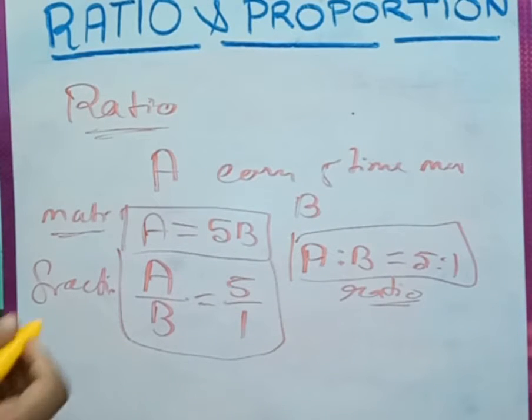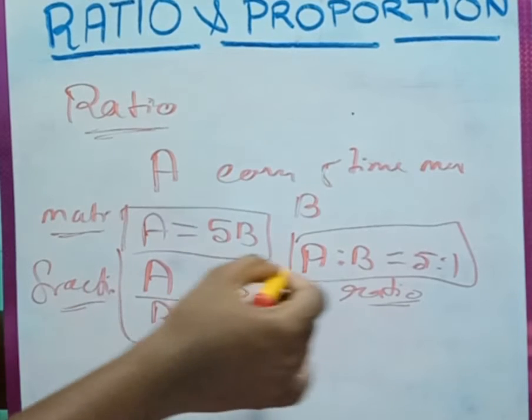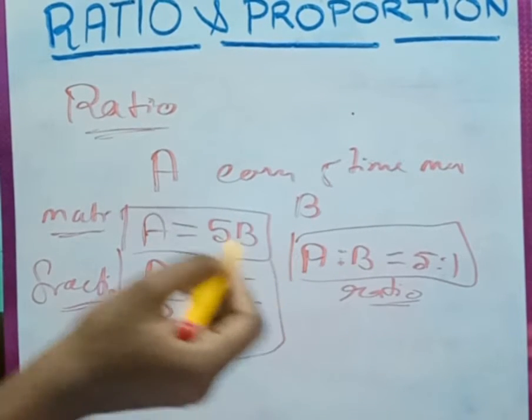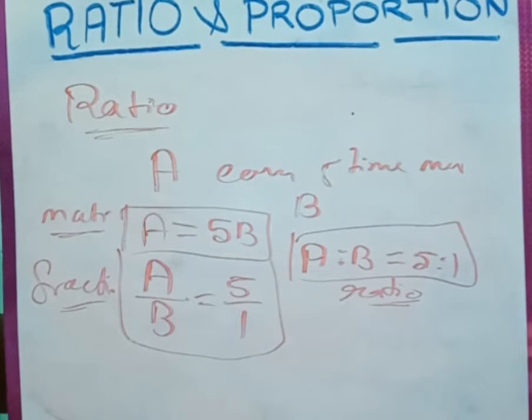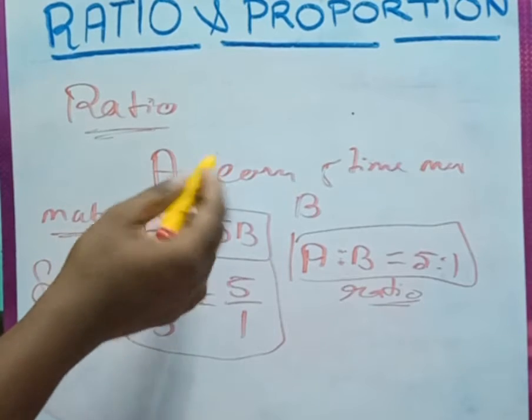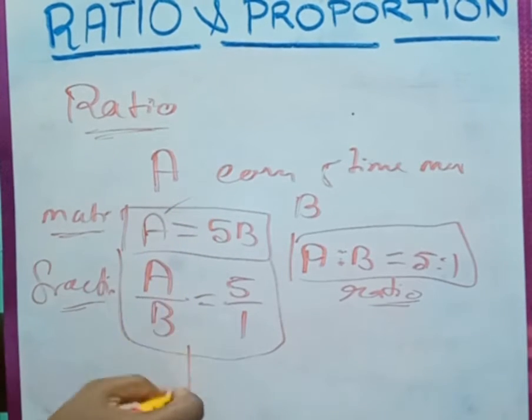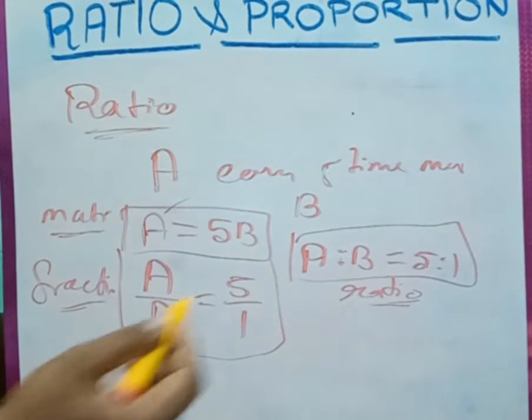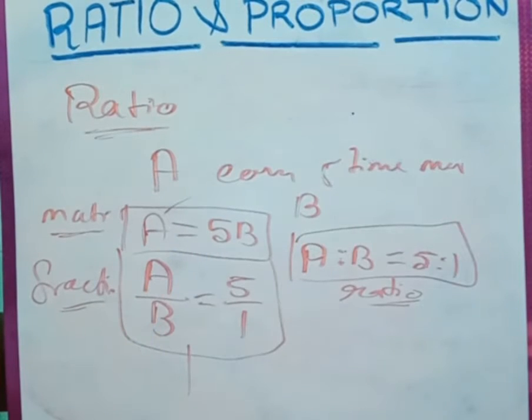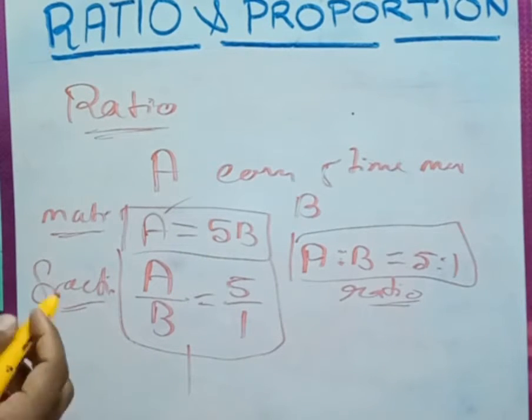If we write this fraction expression in terms of "is to", it is called ratio, friends. That's it, guys. It is nothing more than this. This is what you have to understand. You can write it as a mathematical expression, as a fractional expression, or in terms of ratio, right, guys? So this is all about ratio.